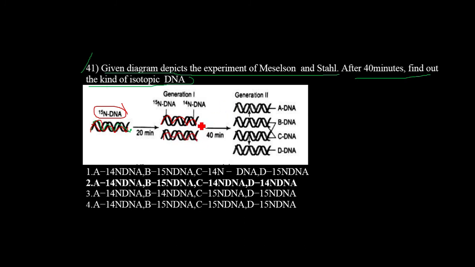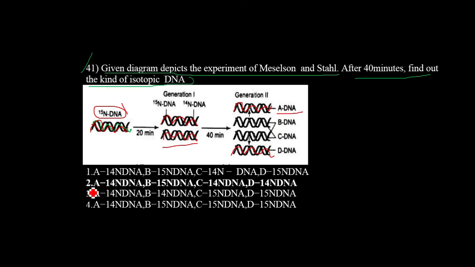Then after that, in this N15 DNA, we can see here, one N15 strand again enters this DNA. Except these two N15, the remaining are all N14 only. See, A is N15, N14.